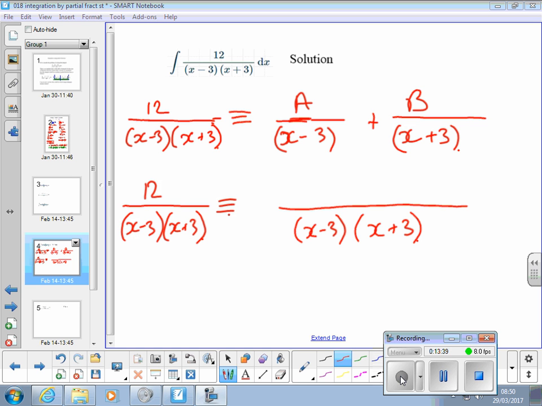What would you have to do to the A fraction to get this common denominator? Multiply by x minus 3. And what would we have to do to the B fraction to make it the same as the common denominator here?